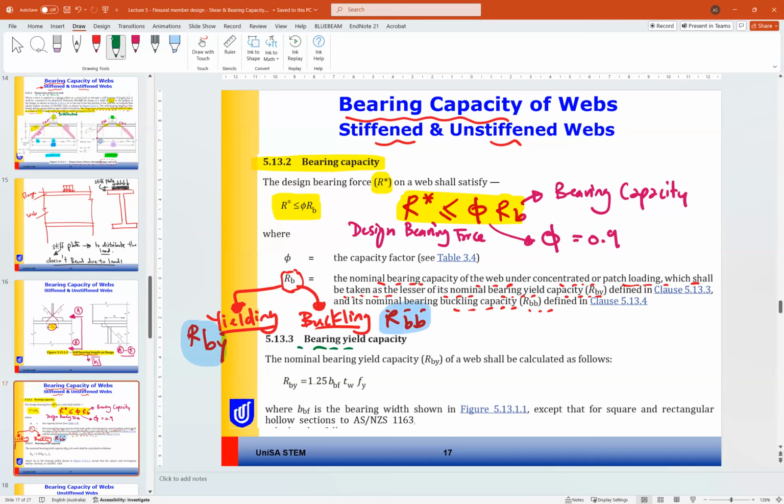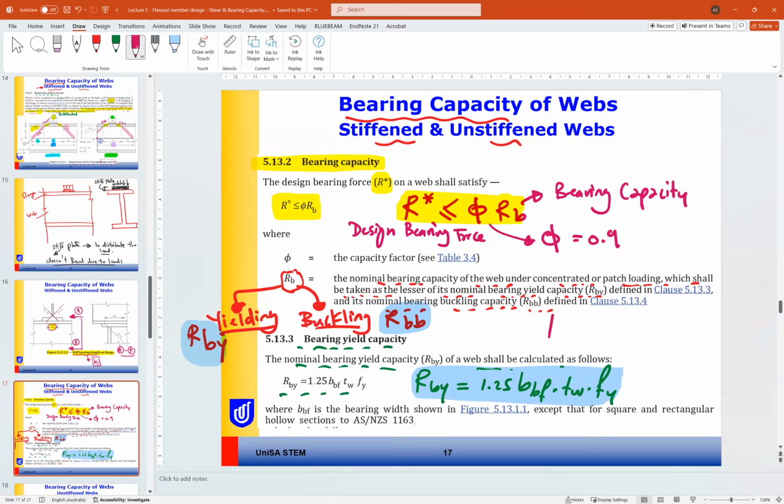So bearing yield capacity: the nominal bearing yield capacity RBY of a web shall be calculated as follows. RBY equals 1.25 BBF multiplied by TW multiplied by F yield. So this is our formula for yielding bearing capacity. Do we have a value more than this?